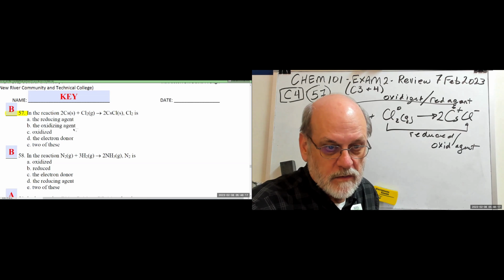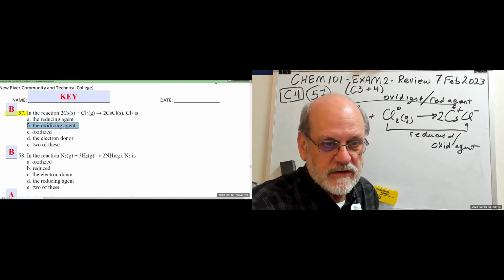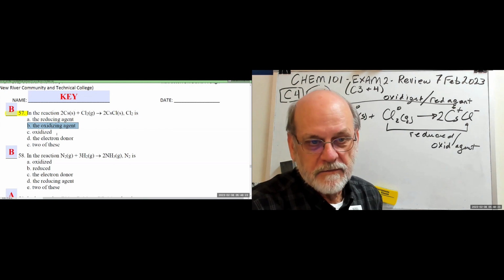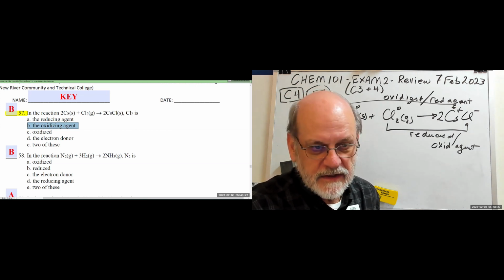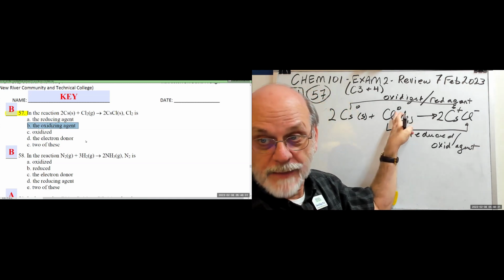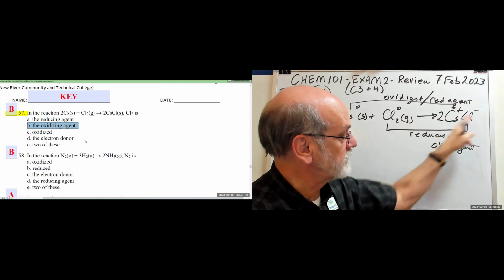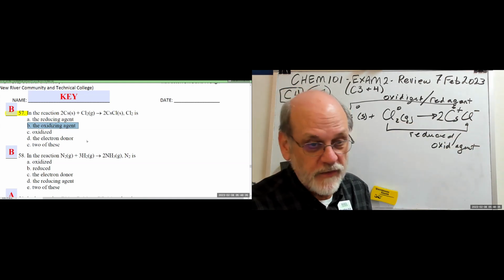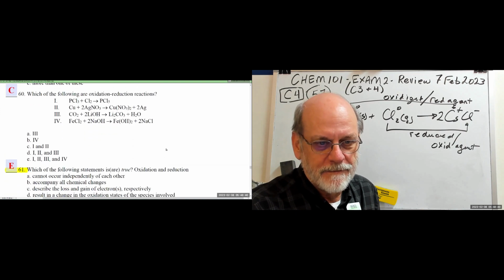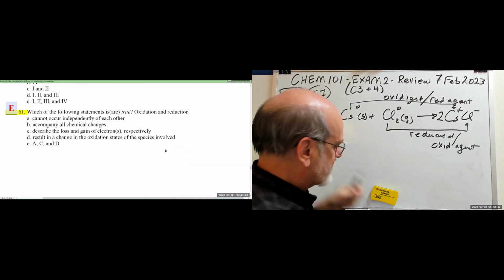So there we go, oxidizing agent. It's not the reducing agent. It wasn't oxidized. Electron donor? No, it accepted an electron to go from there to there. So the only one that answers that is B.